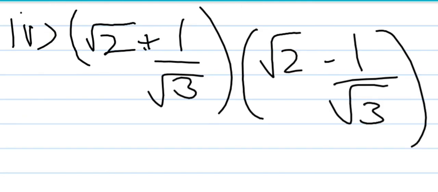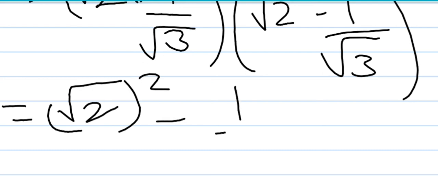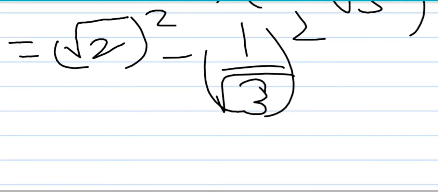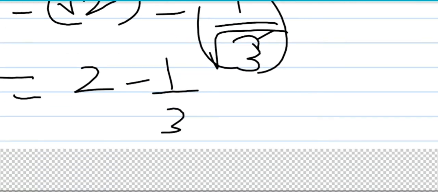Next question number 4 is under root 2 plus 1 over under root 3, into under root 2 minus 1 over under root 3. The same formula we used in the previous question. It will become under root 2 whole square minus 1 over under root 3 whole square, and the square and square root will be cut, is equal to 2 minus 1 over 3.